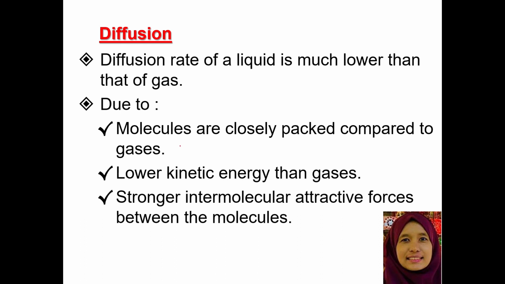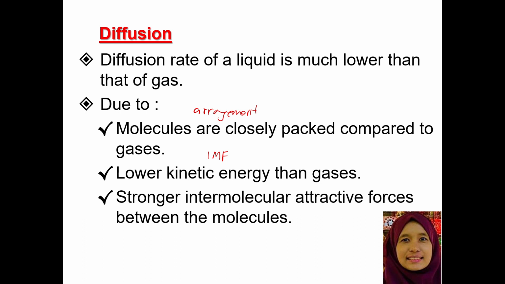So remember, to explain these 5 properties, we explain in terms of arrangement. Okay, the arrangement of liquid compared to gas, or liquid compared to solid: closely packed, or talk about space between molecules. Okay, then intermolecular force, stronger intermolecular force, weaker intermolecular force.